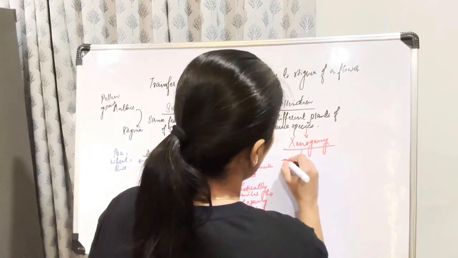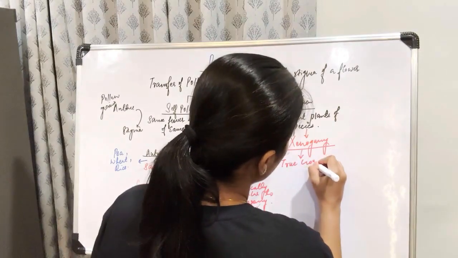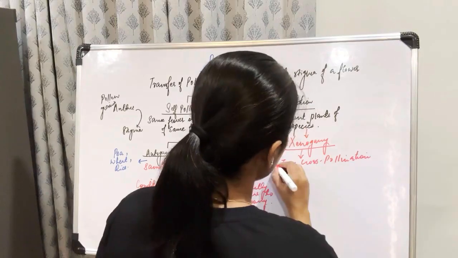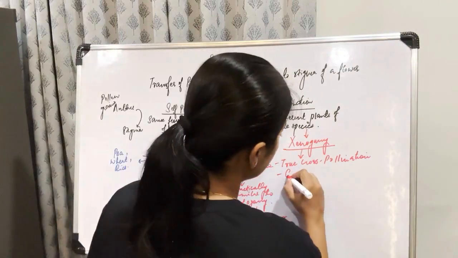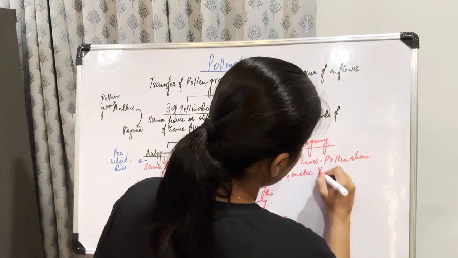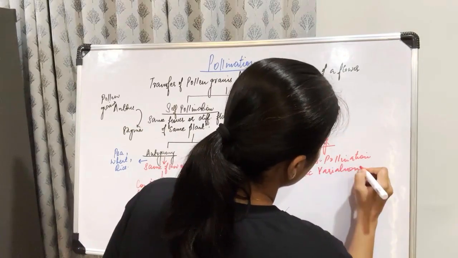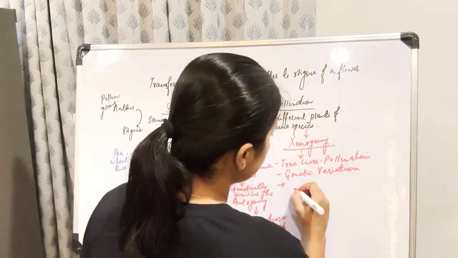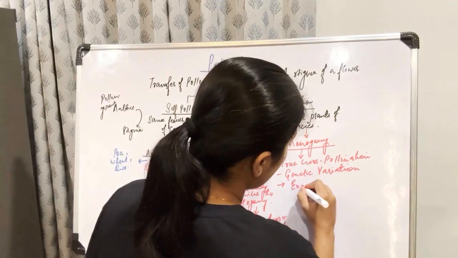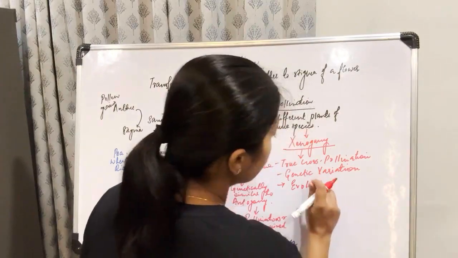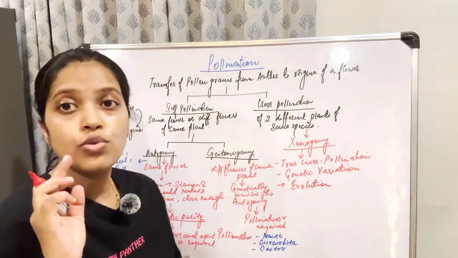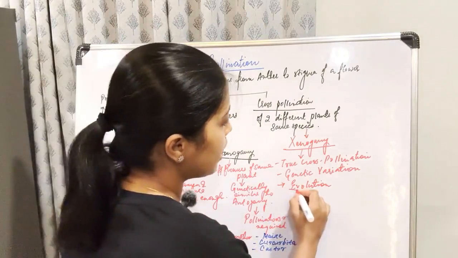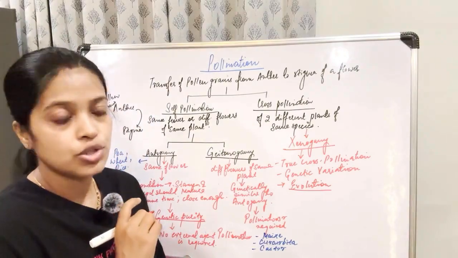So it is an example of true cross pollination. This will also lead to genetic variation, since it is occurring between two different plants, and these genetic variations are going to be helpful in the process of evolution, because genetic variation will help the plant to survive in different climatic conditions. Overall, it is going to help in the process of evolution.